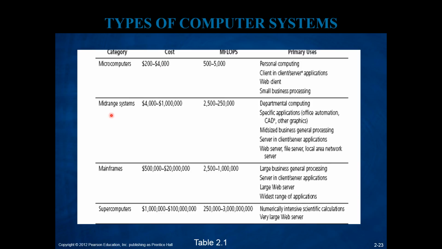We'll talk about available mid-range systems. We'll talk about mainframes, which are powerful centralized computers used by large business and scientific organizations. And we'll also talk about supercomputers, which are largely used in scientific research and by very computation-intensive organizations.